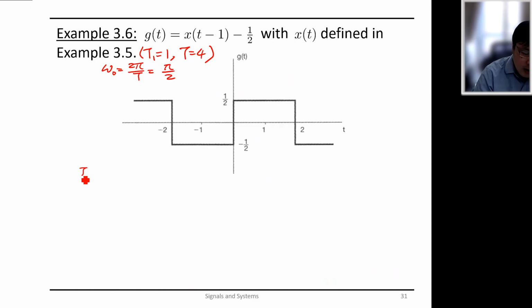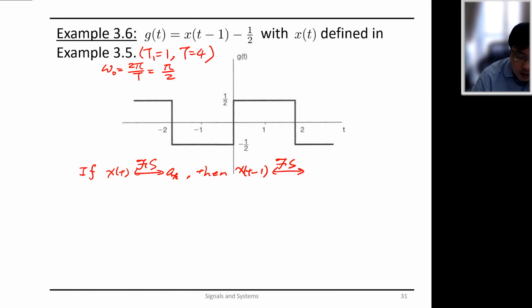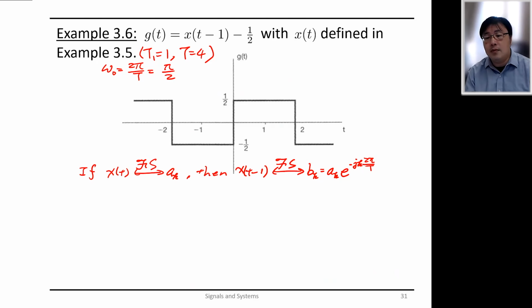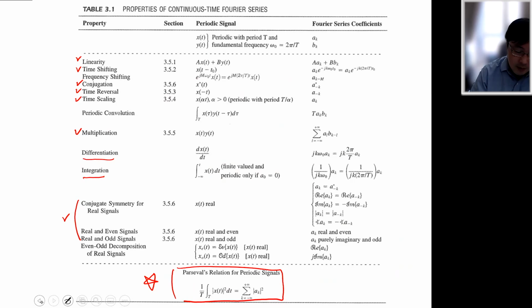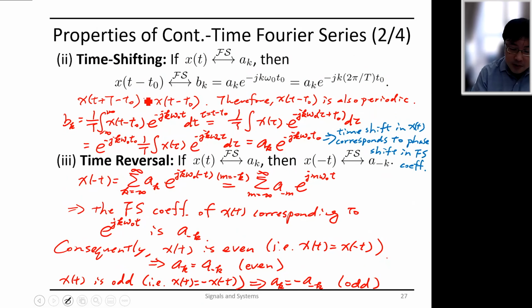In particular, if x of t has a Fourier series representation denoted by ak, then by the time shifting property, x of t minus 1 has a Fourier series representation, bk, equal to ak e to the minus jk 2 pi over capital T. So here t naught is 1, so we have ak e to the minus jk 2 pi over capital T, which is pi over 2 in our case, times 1.